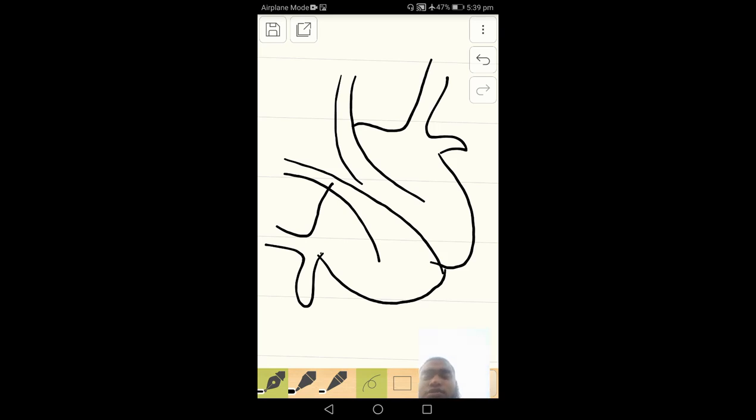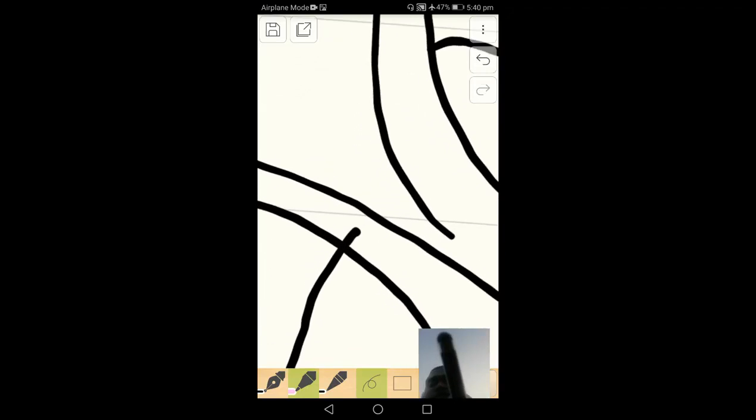These are the two valves present between the atrium and the ventricle, and they are called the atrioventricular valves.